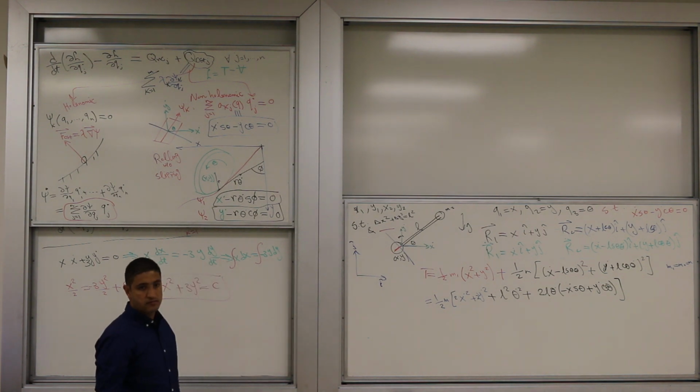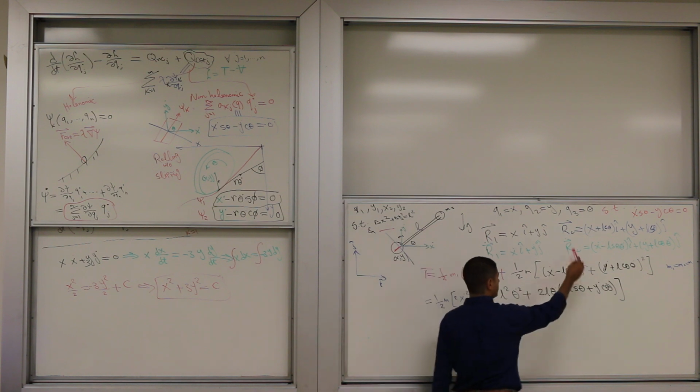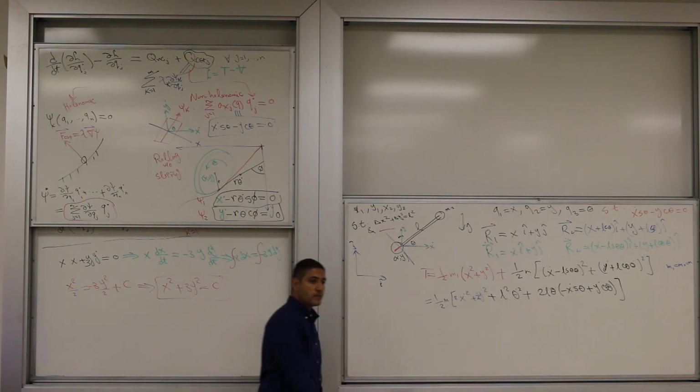Any question about that? So this is just something squared: first squared, second squared, and the product. Okay?